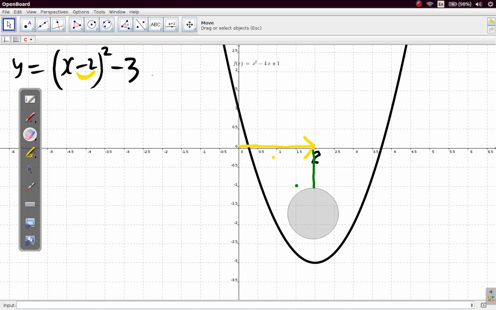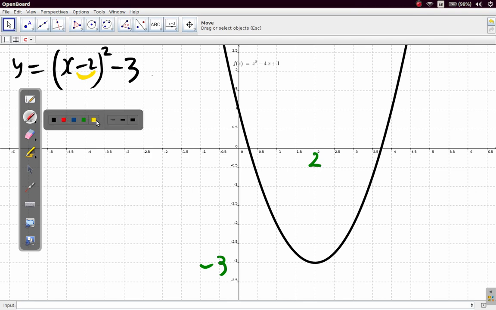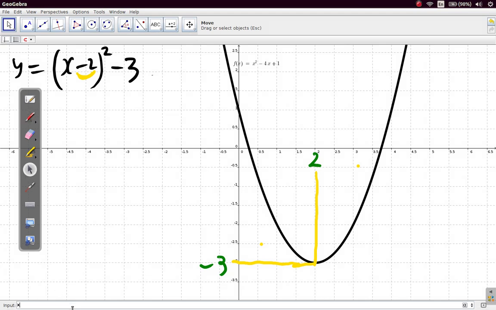Now, remember we have 2 here and we have negative 3 down here, right? And we can draw a vertical and a horizontal line here, just like that. Suppose we also plot the graph y equals x squared, x raised to the power of 2.